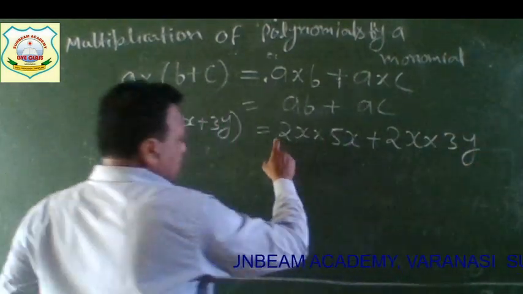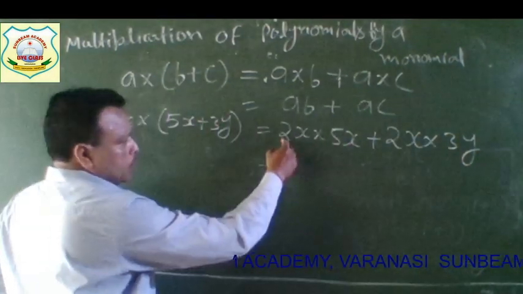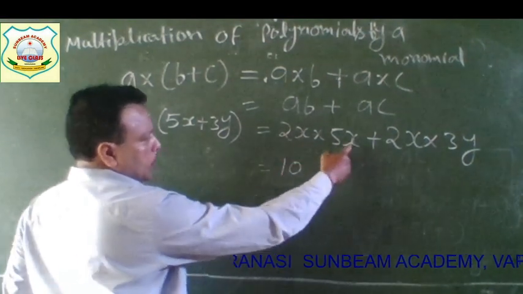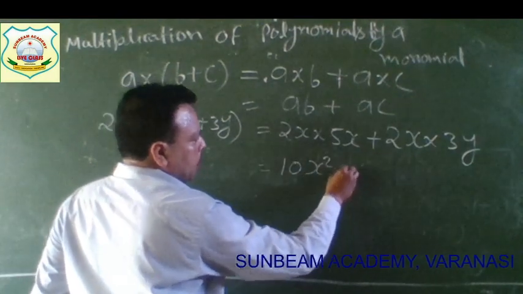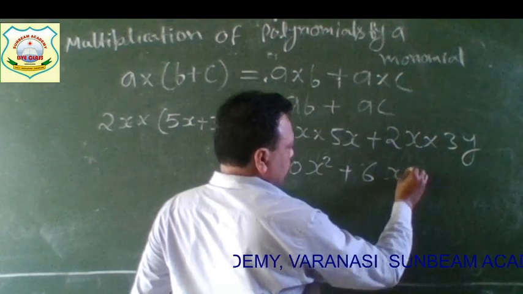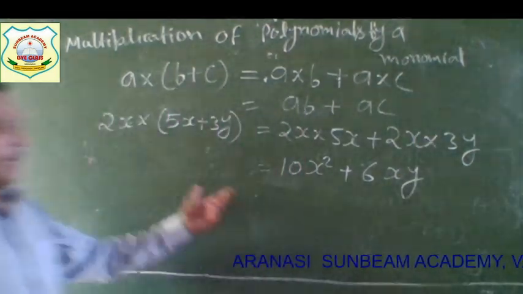What will we get? 2 into 5 first, the numeric value, 2 fives are 10. x power 1 into x power 1, that is x power 2, plus 2 threes are 6, x into y, that is xy. This way we have to do.